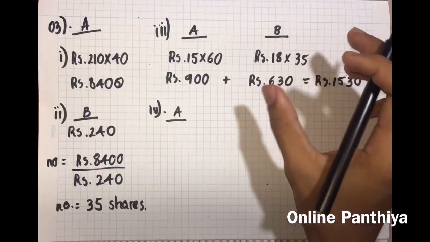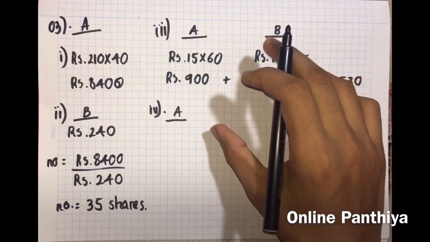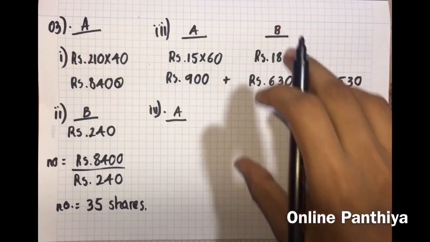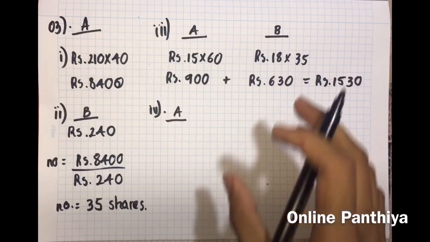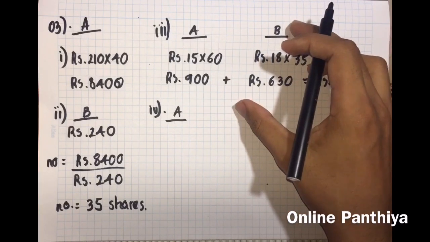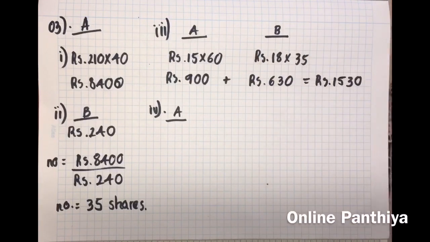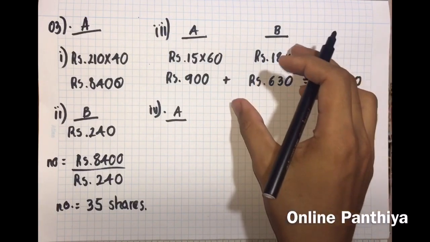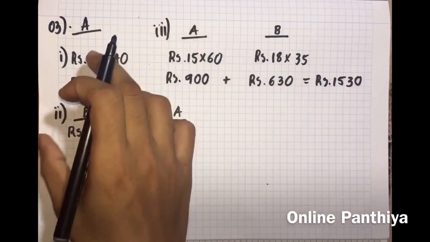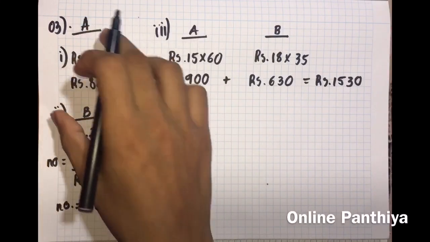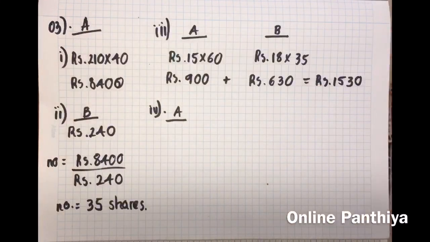Now they're asking you to find the additional dividend. The reason he has bought from company B is that he gets more dividend. Now you can find the actual dividend this person would have got if he had not sold these 40 shares at the first stage. They are speaking about the 40 shares.